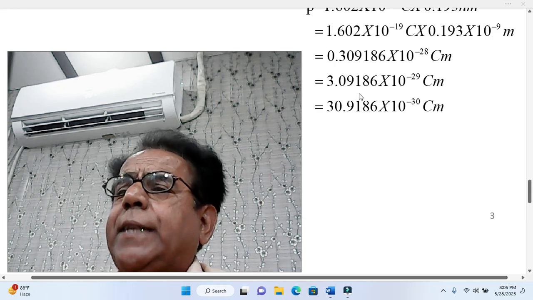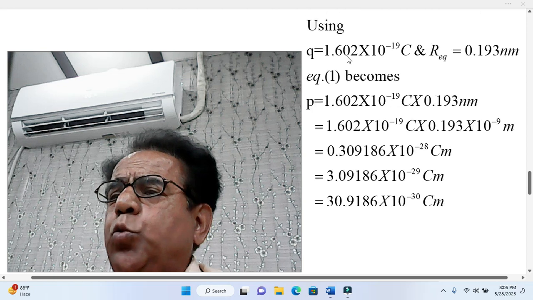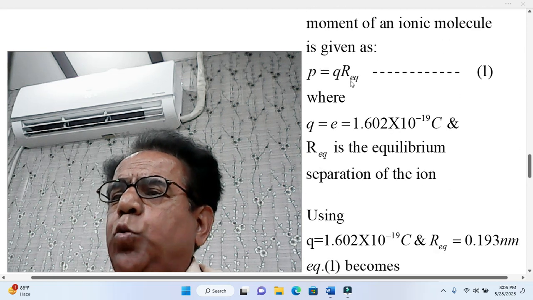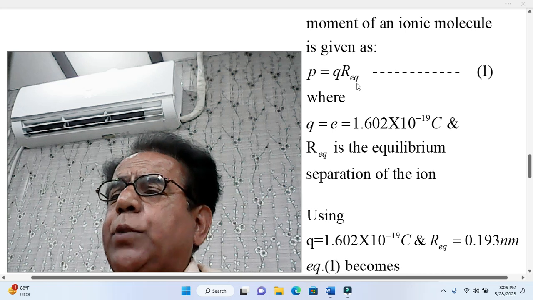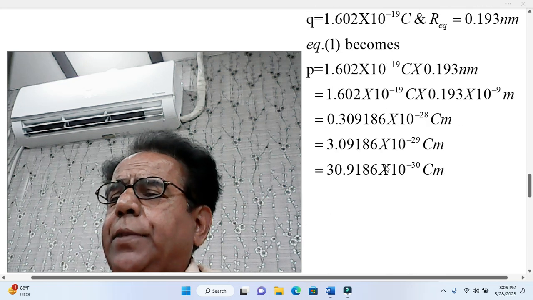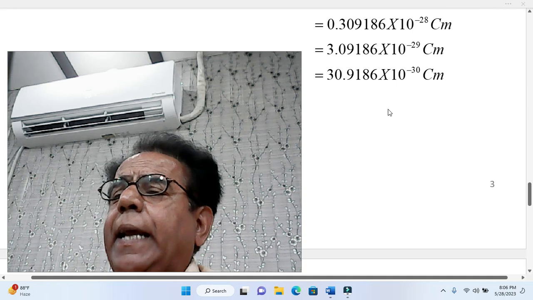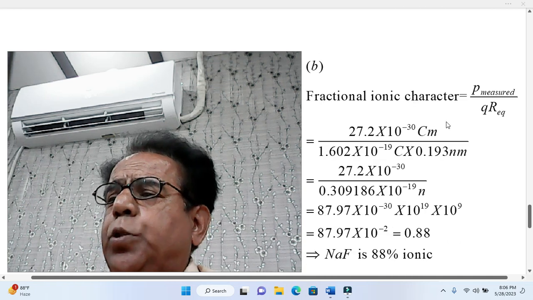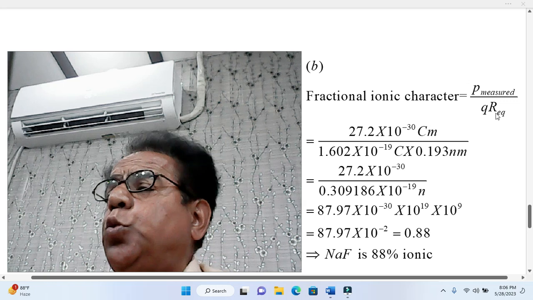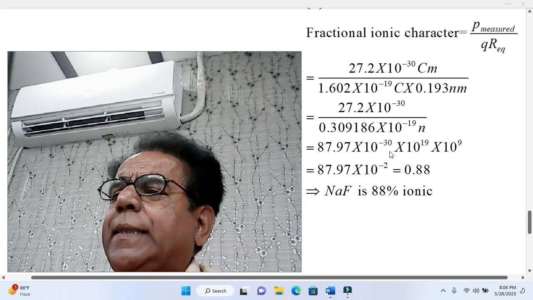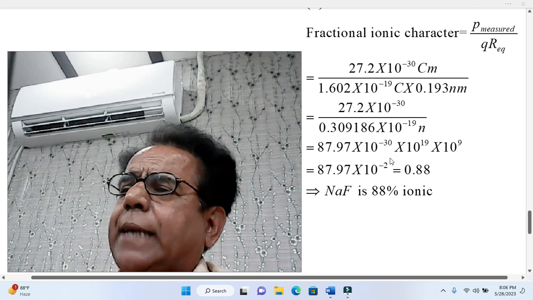The value of q or e is given, but we have put the values of these two separately. Despite this, the result will be exactly the same.